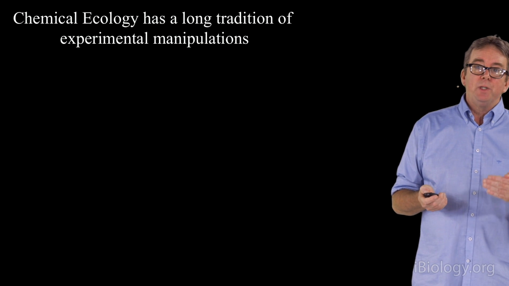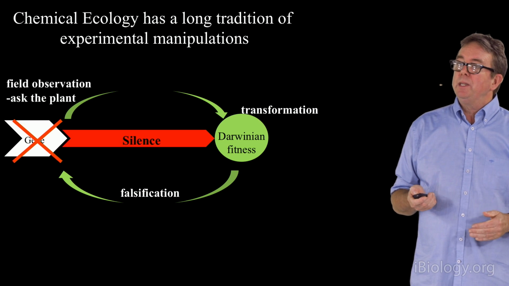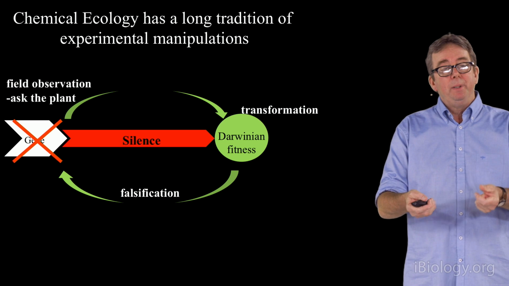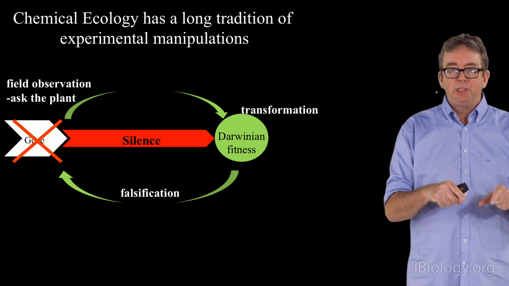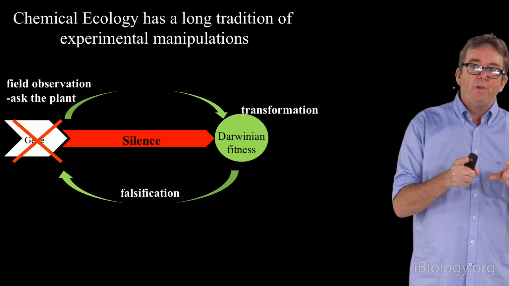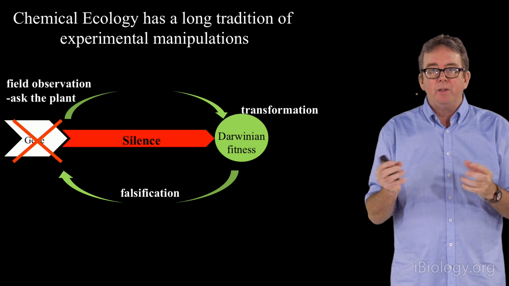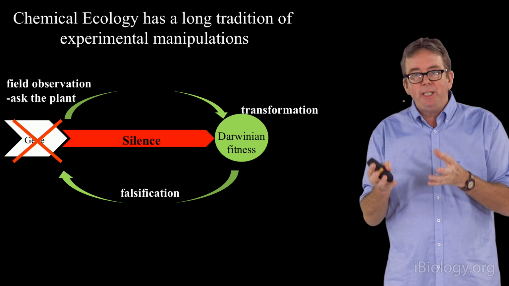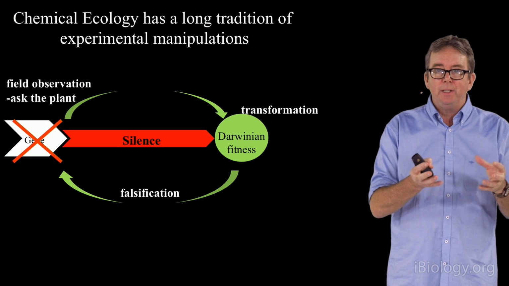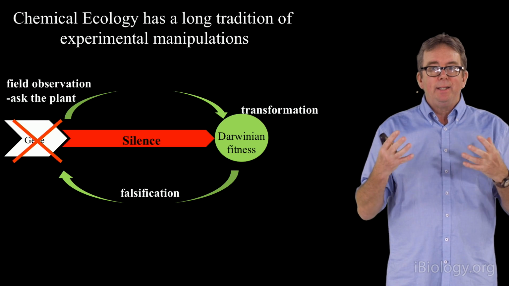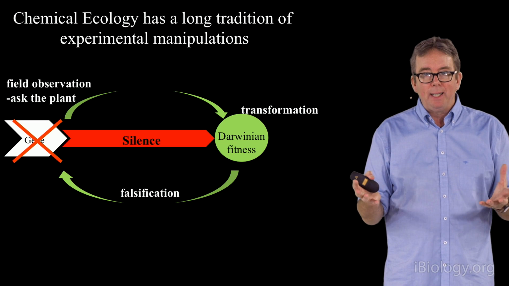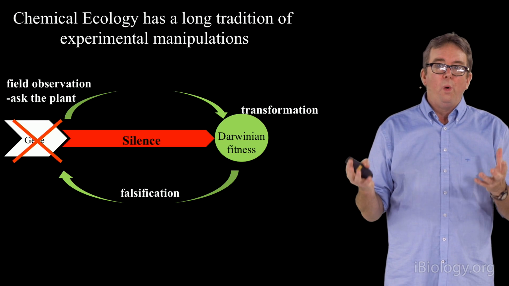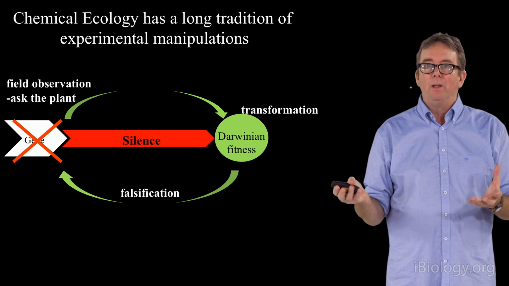The real advance in the last decade has been the ability to bring molecular biology into this field, to be able to silence genes that are involved in the production of those very chemicals that are mediating those interactions, and then take those gene-silenced organisms back out to the field, into the natural environment, and understand in an unbiased way, by simply asking the plant or asking the ecosystem, what is this interaction all about?